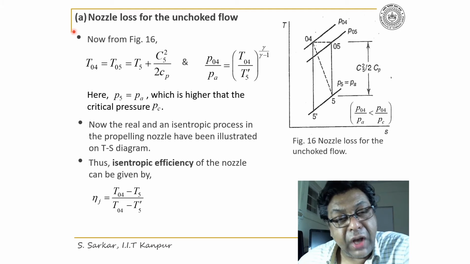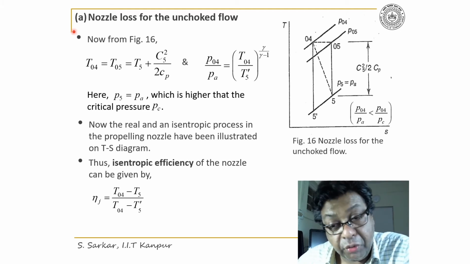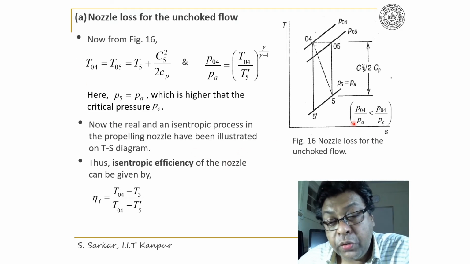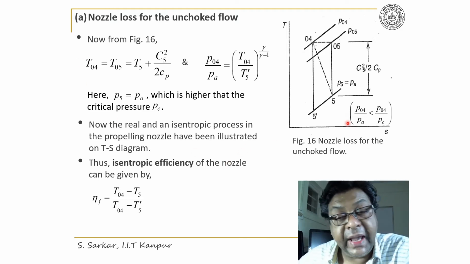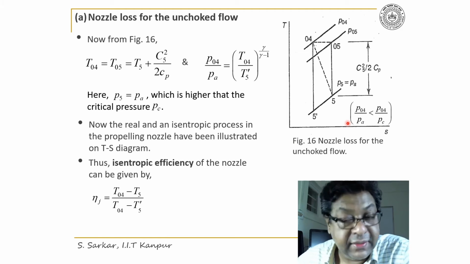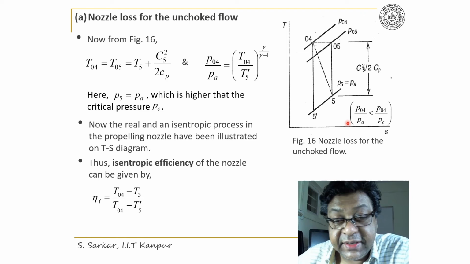I'll discuss now the nozzle laws for the unchoked flow. That means when P04 by Pa is less than P04 by Pc, that means atmospheric pressure is greater than the critical pressure.